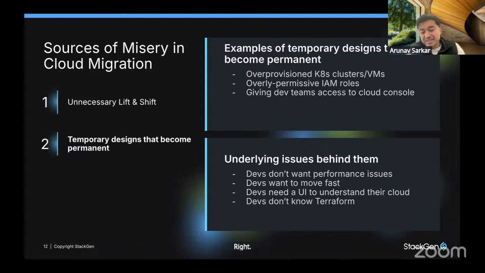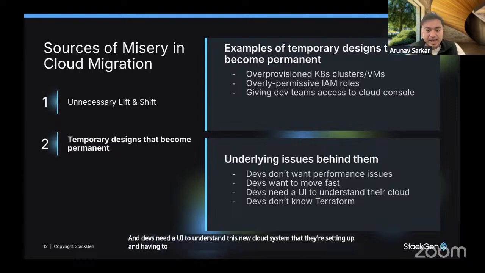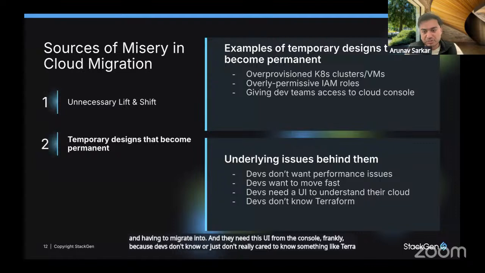And devs need a UI to understand this new cloud system that they're setting up and having to migrate into, right? And they need this UI from the console, frankly, because devs don't know or just don't really care to know something like Terraform, right? Which is a way that you can help define it through code.